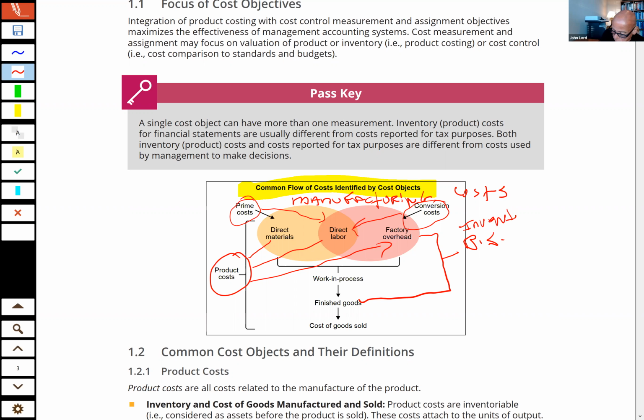Work in process, finished goods inventory. And then they become cost of goods sold. And as you well know, when they are reported on the cost of goods sold, they are reported on the income statement.